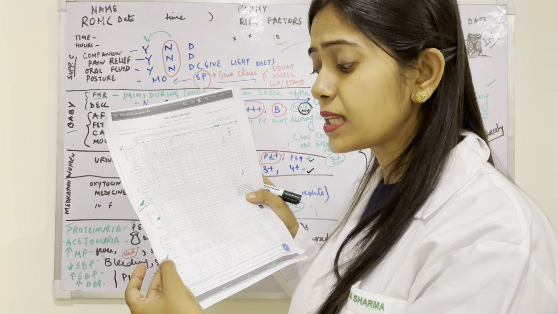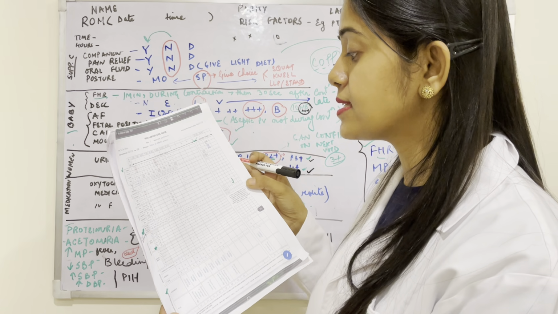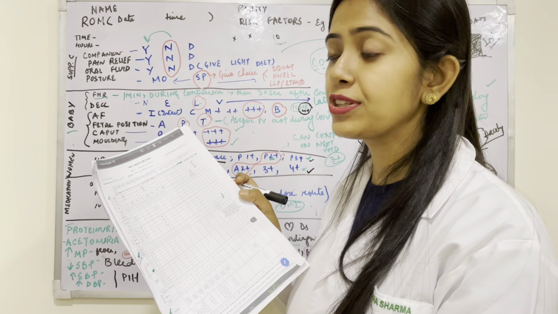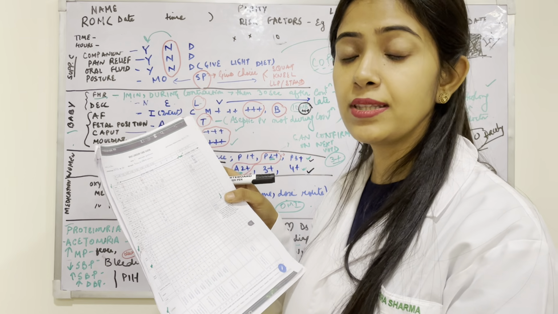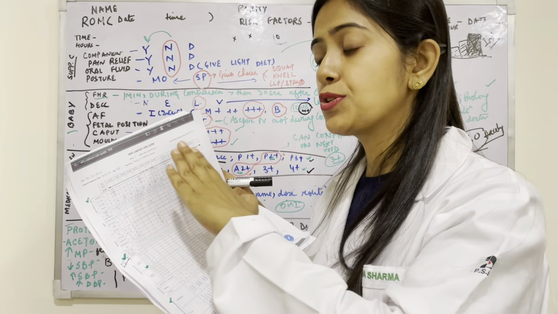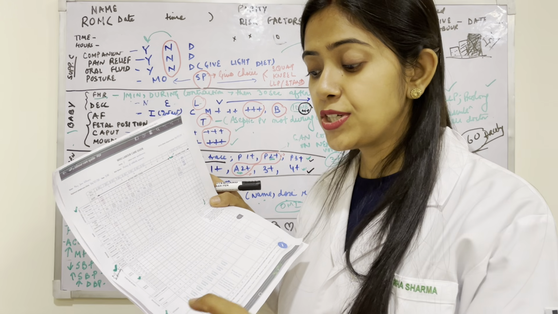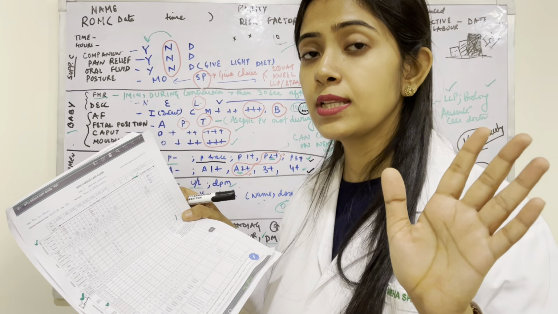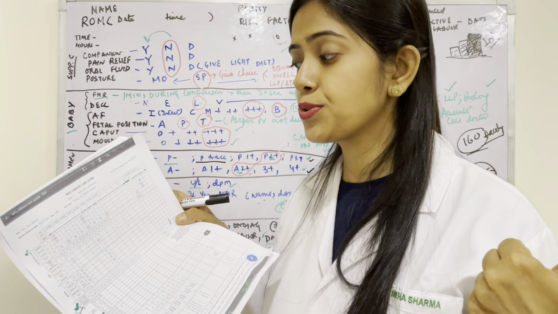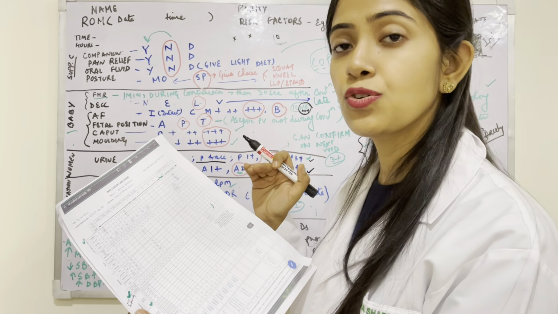Similarly, shared decision making and separate charting for the second stage of labor are 2 other differences of the WHO labor care guide from the modified WHO partograph. Shared decision making was not there in the previous partogram, and also a separate section for the second stage of labor was not there.